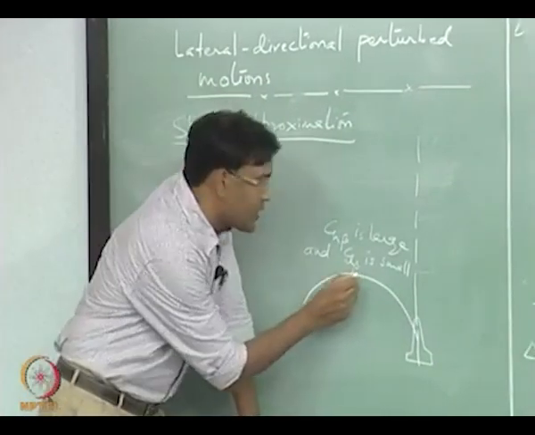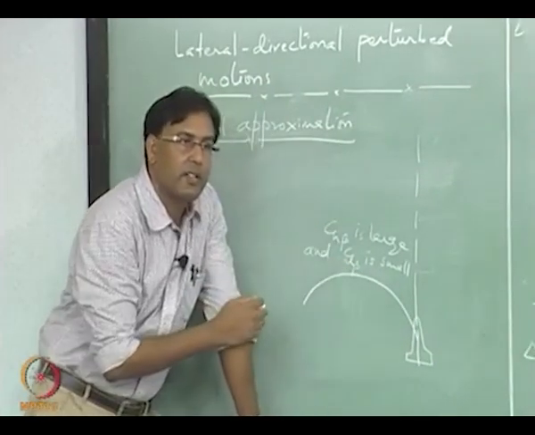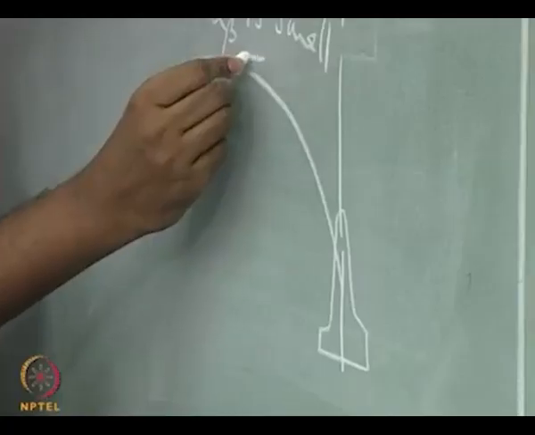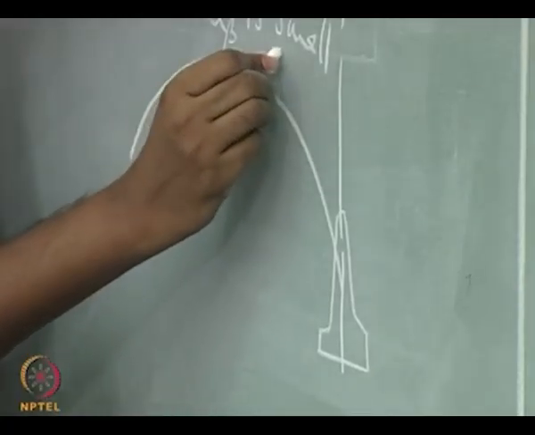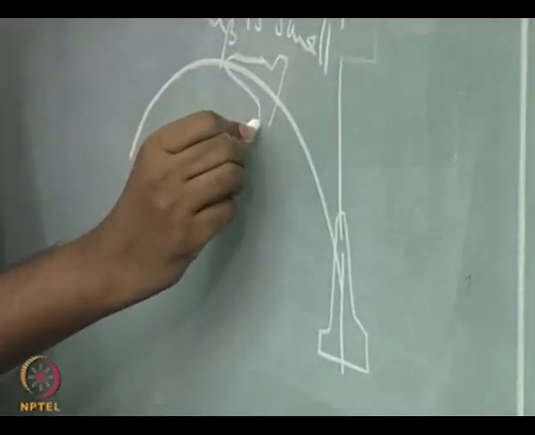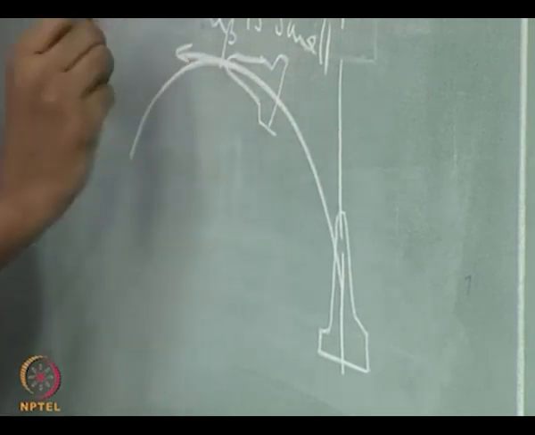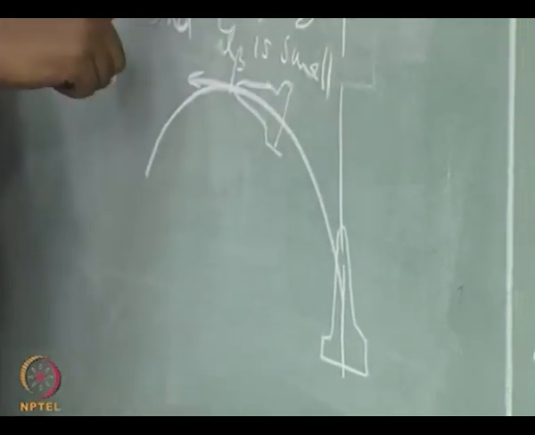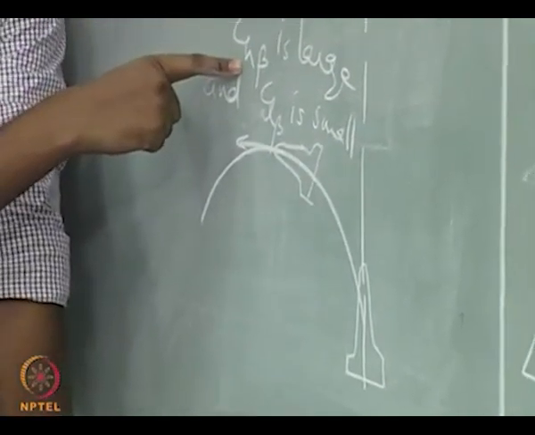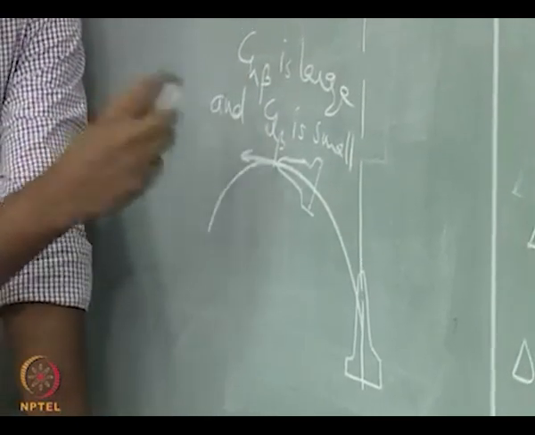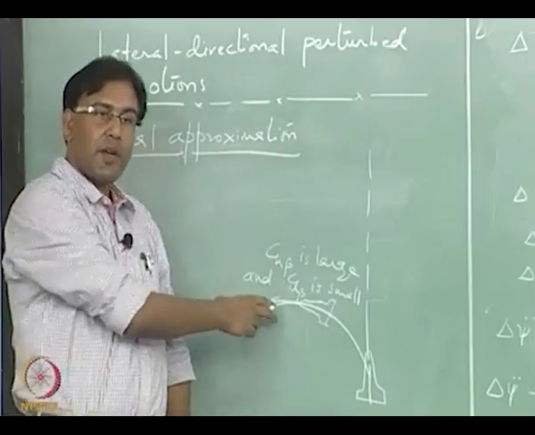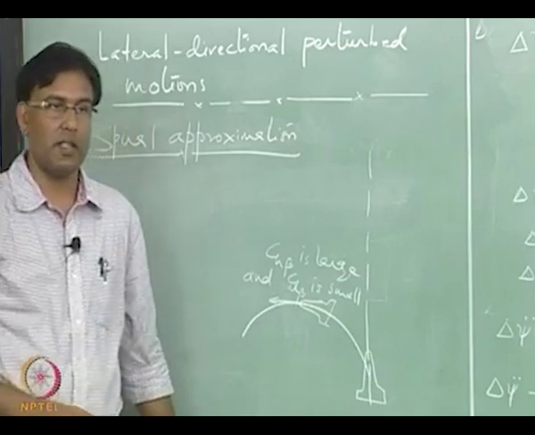The nose is always in the direction of the velocity vector. So, beta is constantly being killed because of the large Cn beta, right. Roll is the aircraft banking because of low Cl beta, right.